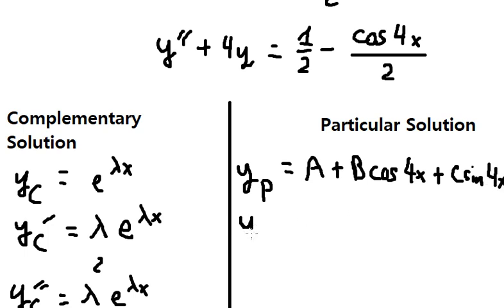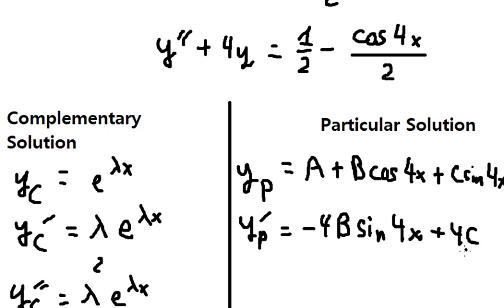Now if I do the first derivative of yb, we just have negative number 4b sine 4s, and this one we have positive 4c cosine 4s.